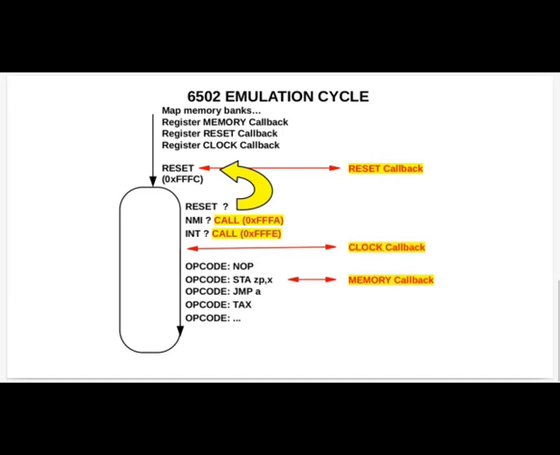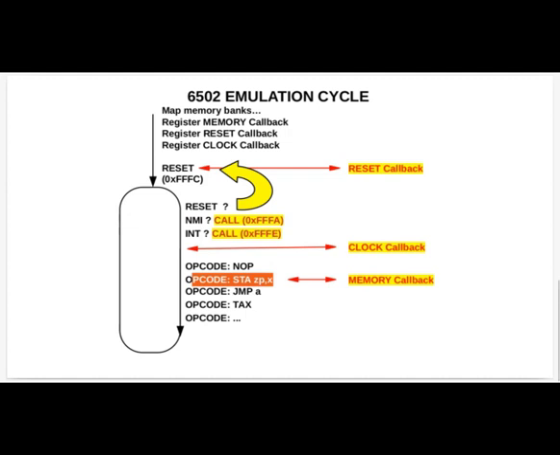And then it will start executing the opcode for this particular cycle, and if there's not an instruction, it will do a NOP, which is no operation, and come back around to the top again and look for whatever the next instruction is. Then maybe it's a transfer A to X, and it'll do that, and it'll come around to the top, increment the program counter, and the next one might be a store A to zero page pointer indexed with the X register.